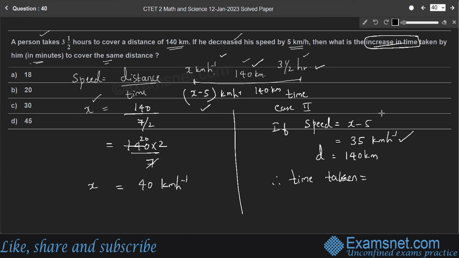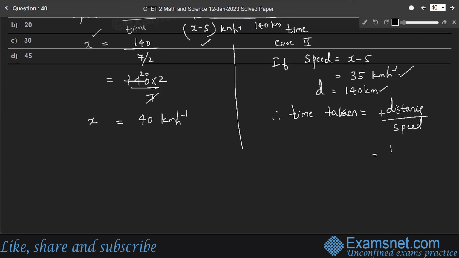Since speed is distance by time, time is distance by speed. Here distance is 140 kilometers, speed is 35. 140 by 35. So 35 into 4 is 140. So the time taken by him to cover the same distance is 4 hours.